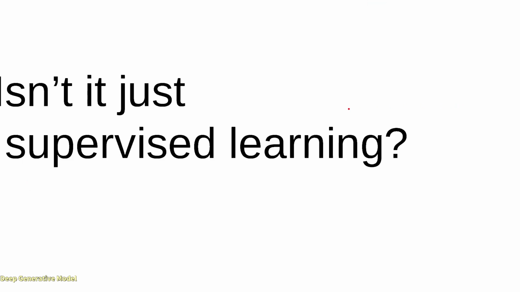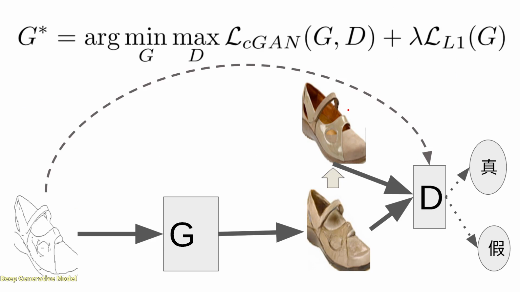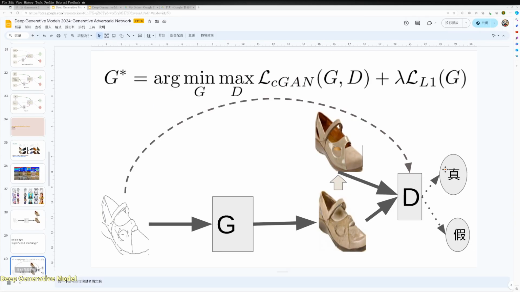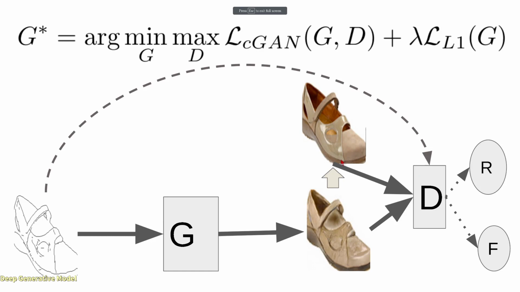Isn't it just supervised learning? So the thing is, there is one more set, this is real, this is fake. The GAN actually plays some role in this training, which we'll introduce a little later, of why this is important, or why it is necessary.